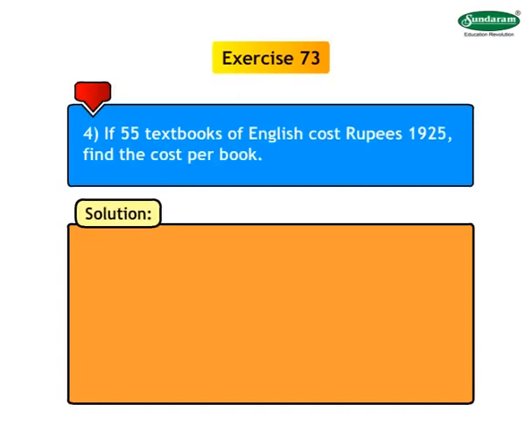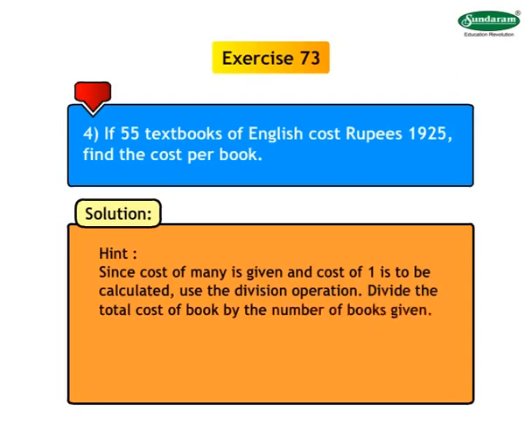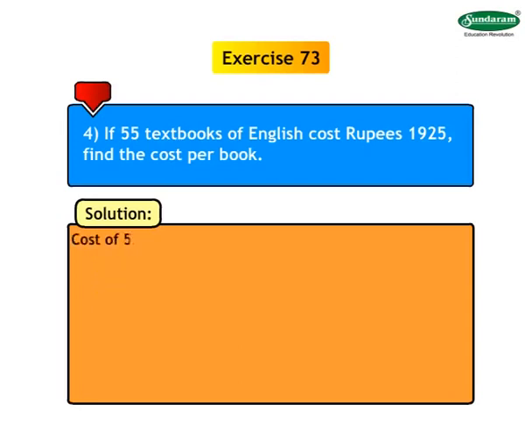Solution. Hint. Since cost of many is given and cost of one is to be calculated, use the division operation. Divide the total cost of book by the number of books given. Cost of 55 textbooks is equal to rupees 1,925.